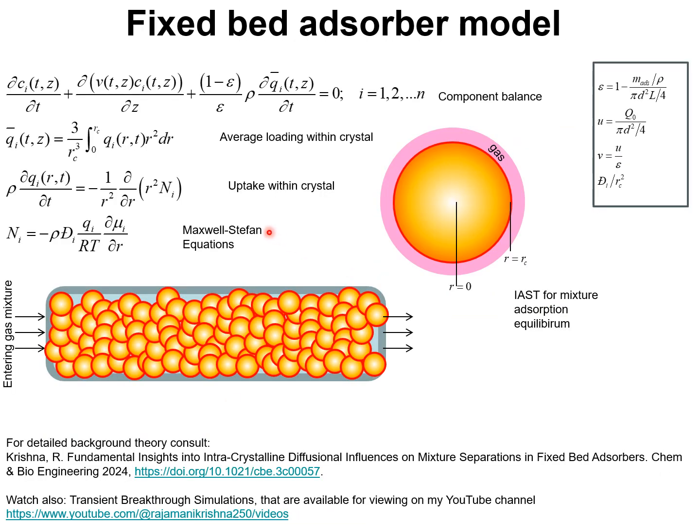We now proceed to the breakthrough simulations of the set of 3 experiments for propyne propadiene mixtures at 3 different inlet gas velocities. The breakthrough simulations require the solution of the partial differential equations describing the variations of the molar concentration of each of the gas molecules C sub i at any time t and position z along the fixed bed adsorber.